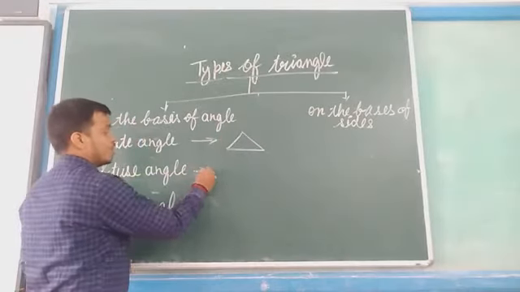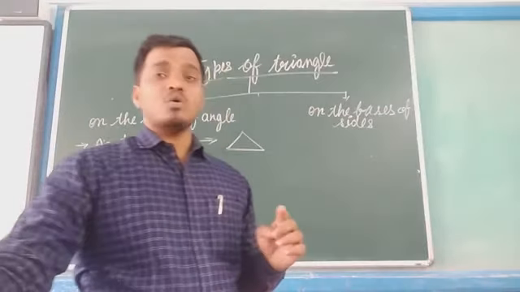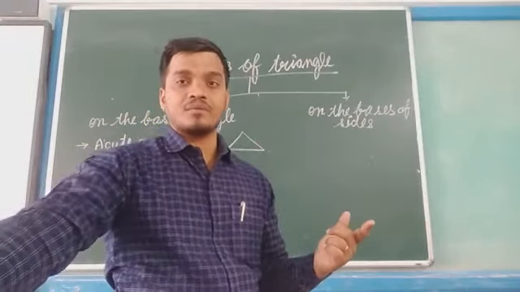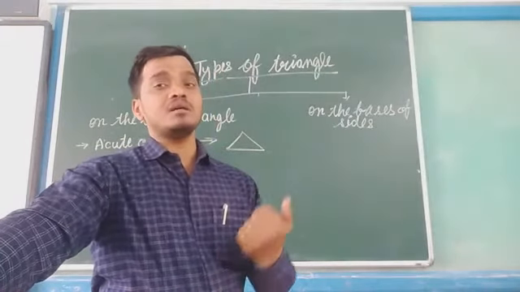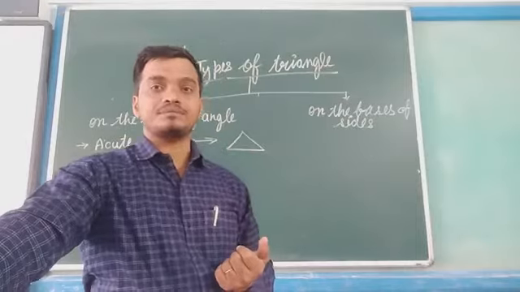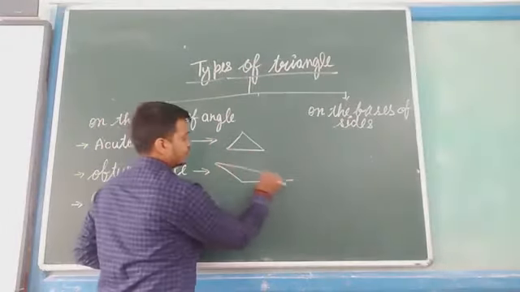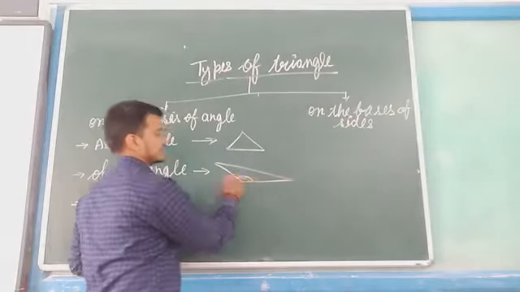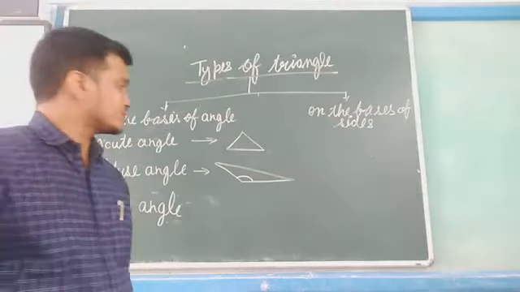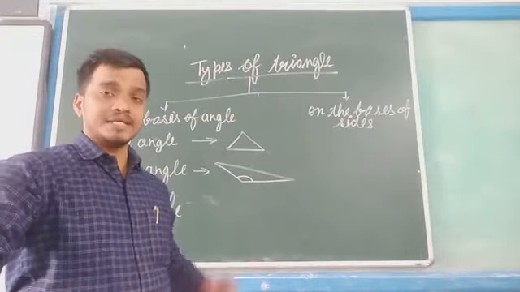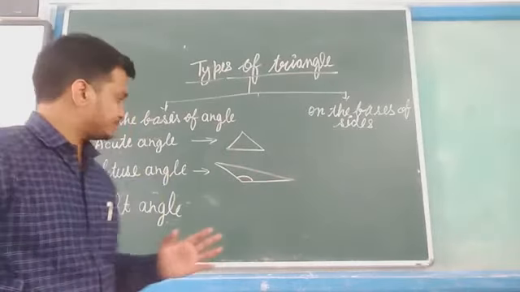Normal. Obtuse angle triangle: any one angle will be more than 90 but smaller than 180, and it is known as the obtuse angle triangle. This way we are taking it normally. This angle we are saying, yes, this angle is more than 90 degrees, and then it is known as the obtuse angle triangle.